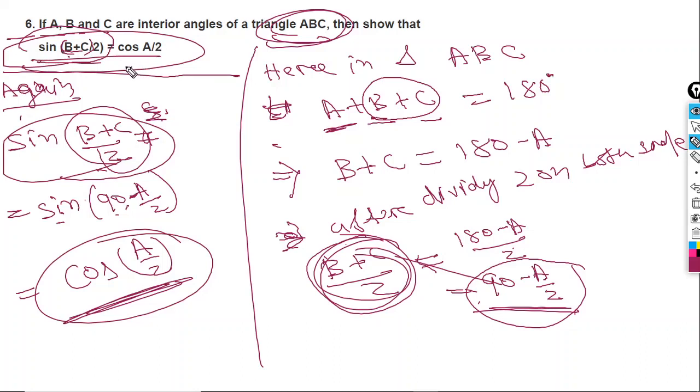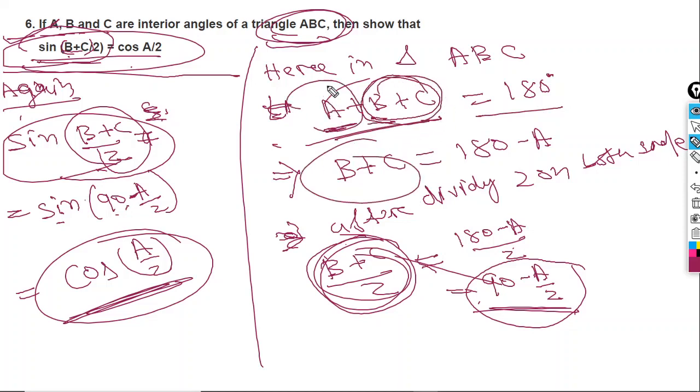So I will repeat again what we did. We know that in triangle ABC, A plus B plus C, the sum of three angles, equals 180 degrees. Then we put B plus C on one side and A to RHS, so it becomes 180 minus A. Then we divide by 2 on both sides, so B plus C by 2 equals 90 minus A by 2.